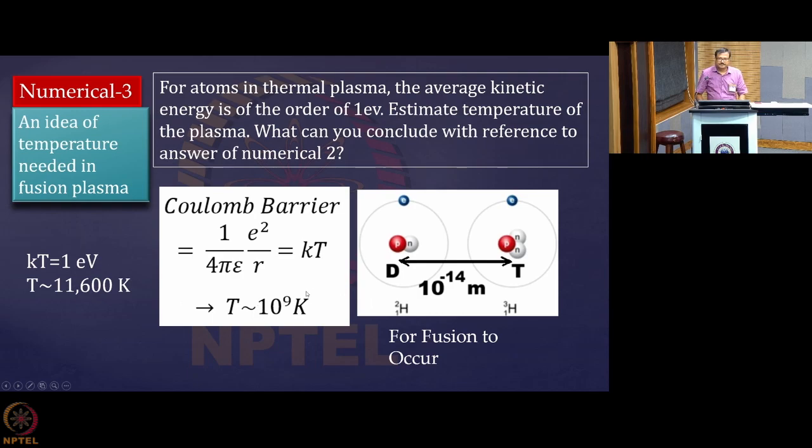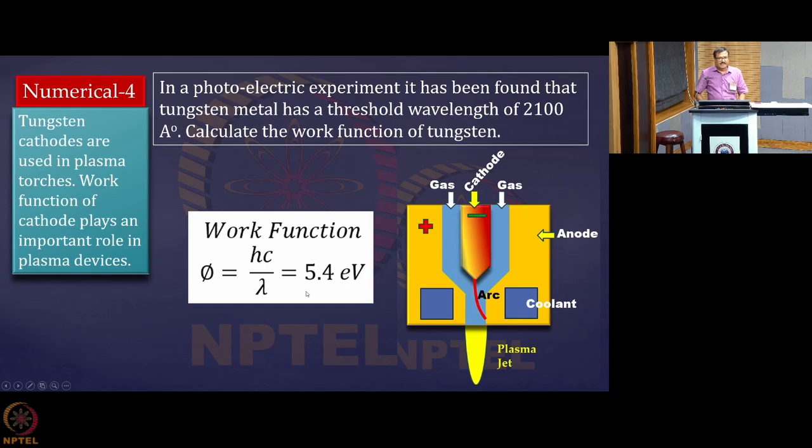Okay, so that is the thing, and this is the last one in this tutorial that I will tell you. In a photoelectric experiment it has been found that tungsten metal has a threshold wavelength of 2100 angstrom, and from this I want to know the work function of the material. This is a very easy way to find the work function of a material.